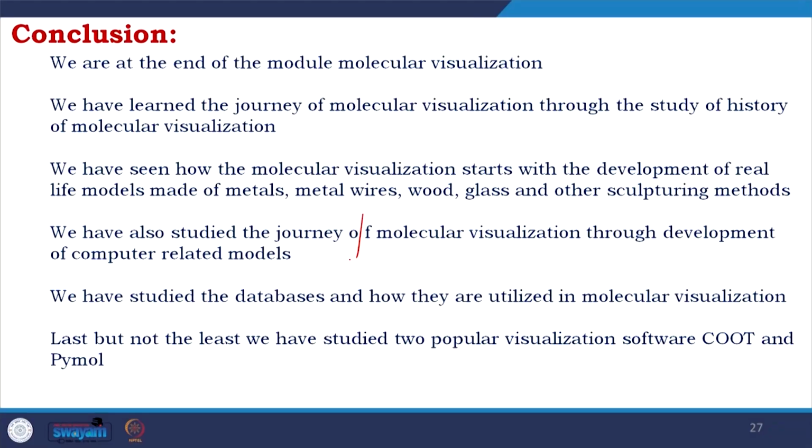And then we have studied different software. We majorly divide them into two parts, one visualization software with modification, the other only a visualization platform to make good quality figures and movies, and we have chosen one representative from each.